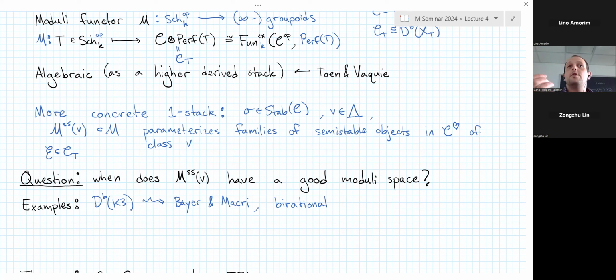Then Bayer and Macrì said, if you work with other stability conditions, you can understand all of the different birational models for these moduli spaces. In some sense, they completely solved the minimal model program for these particular kinds of moduli spaces. They described all minimal models.